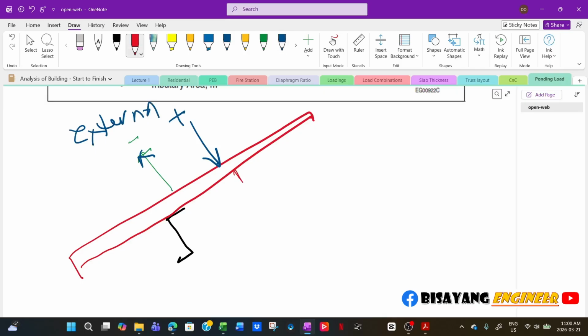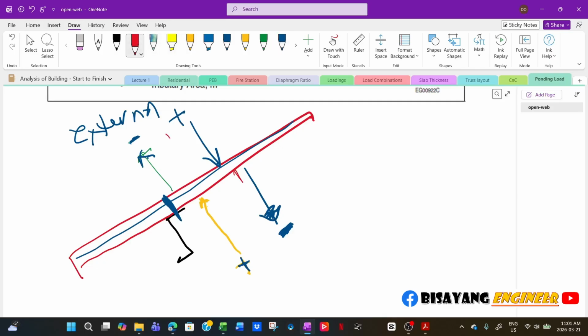Now, for internal pressure, the positive is going this way, right? So this is positive, and the internal negative is going away. That means when you analyze or size the cladding as well as the connector, you will add now the negative external and the positive internal, because it's going in the same direction.